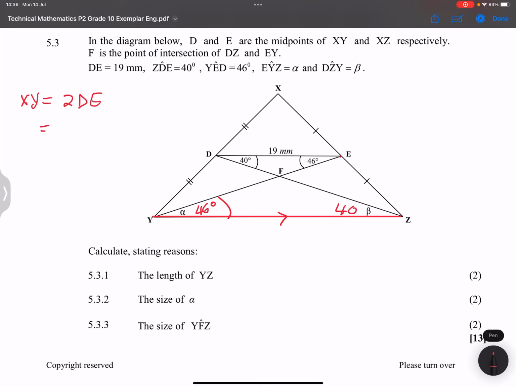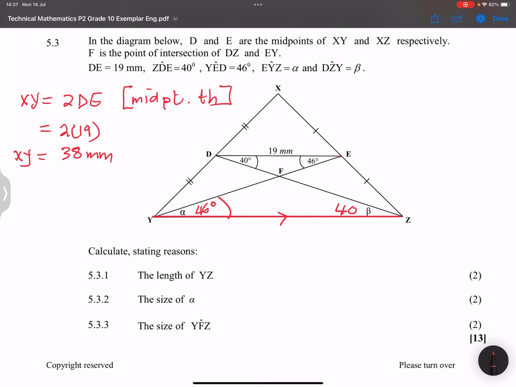We call this the midpoint theorem. And so what that means is that YZ would be 2 times 19 millimeters, and so that would be 38 millimeters. That's the value of YZ.